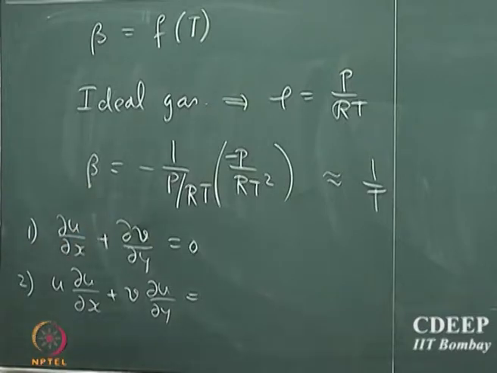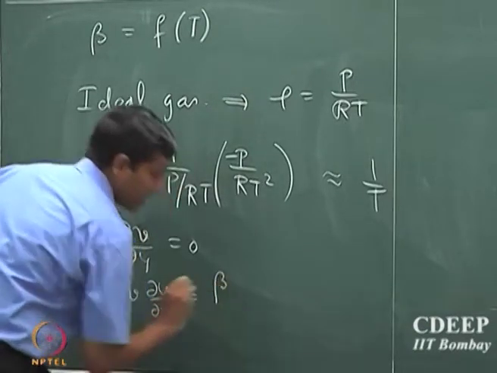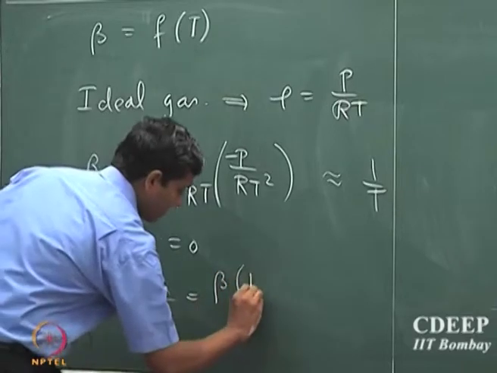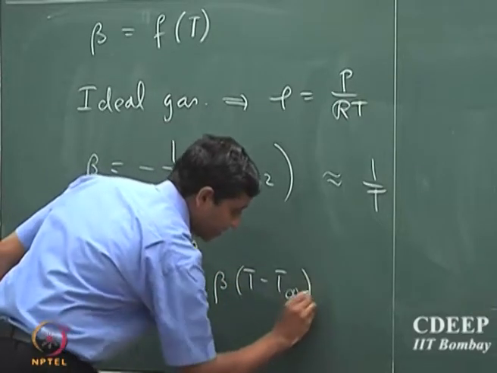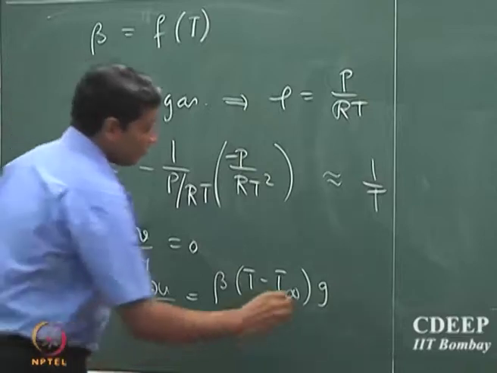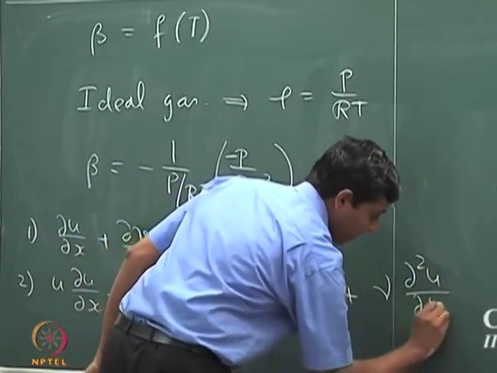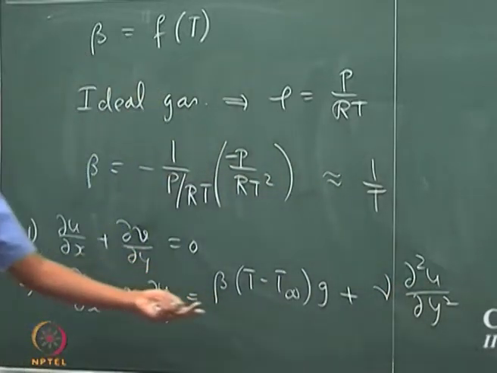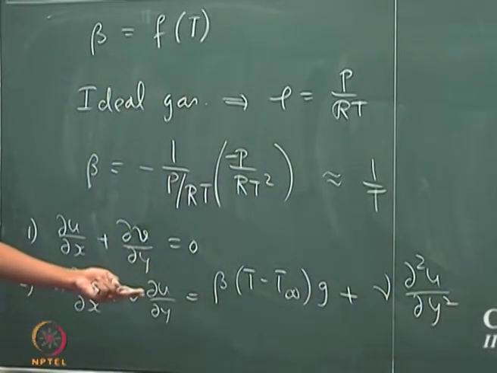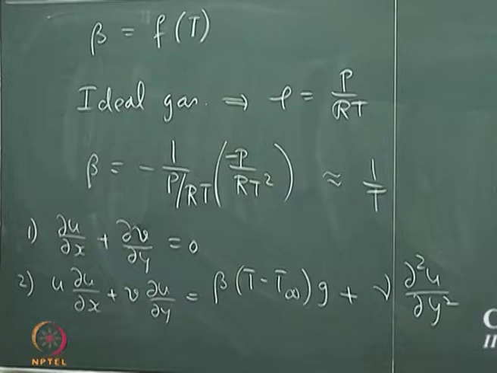So that we can rewrite as beta into (T minus T infinity) into gravity plus nu into d square u by dy square. So all I have done is I have just replaced delta rho by rho with the compressibility factor expression using the Boussinesq approximation, and then we have the temperature balance.